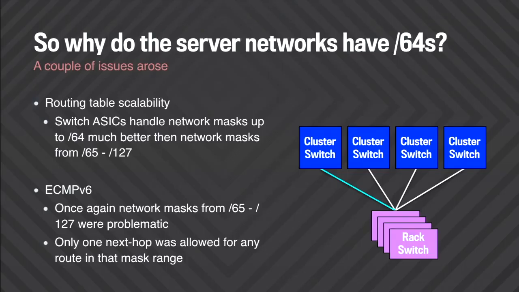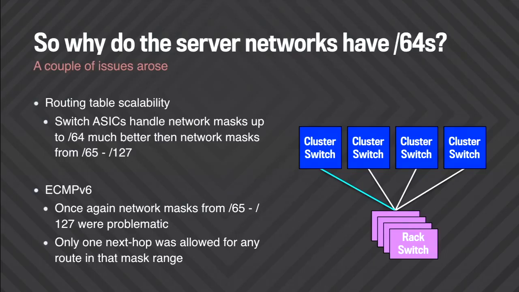But if you only have one next hop, you're only going to use one path until such time as that link were to fail. I have 4 links out of a rack switch. Do I only really want to use one? No, I don't. I want to spread it as much as possible. So ECMP was certainly something to look into.